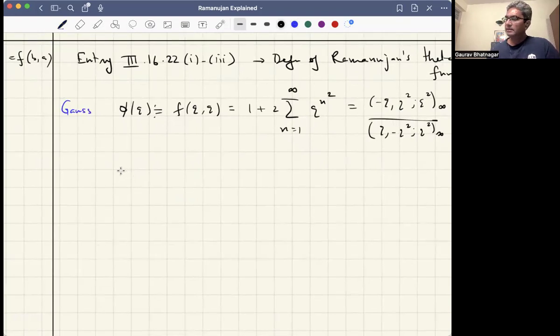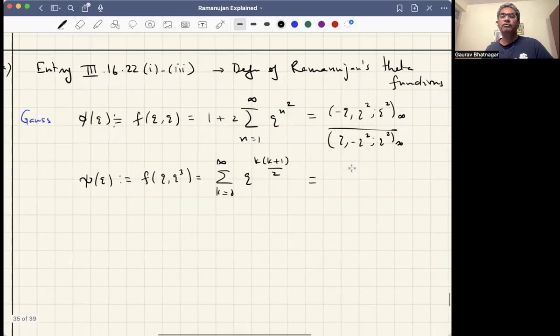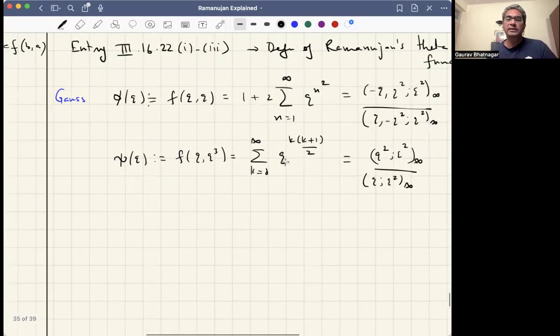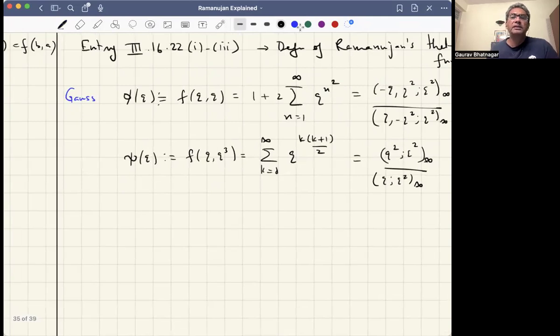Then another one of Ramanujan's theta functions is psi of q, which is the sum of k going from 0 to infinity of q raised to the power k into k plus 1 over 2. And this again has a product formulation. These are the triangular numbers, and again, this is a result due to Gauss.